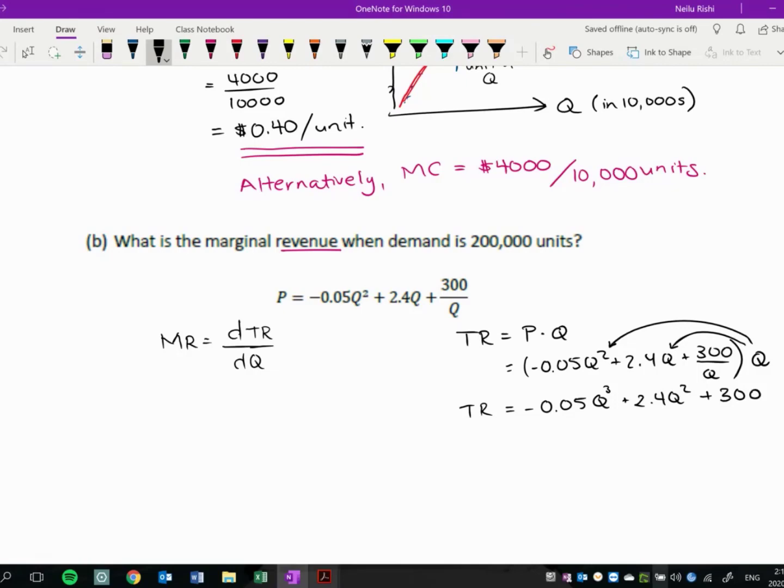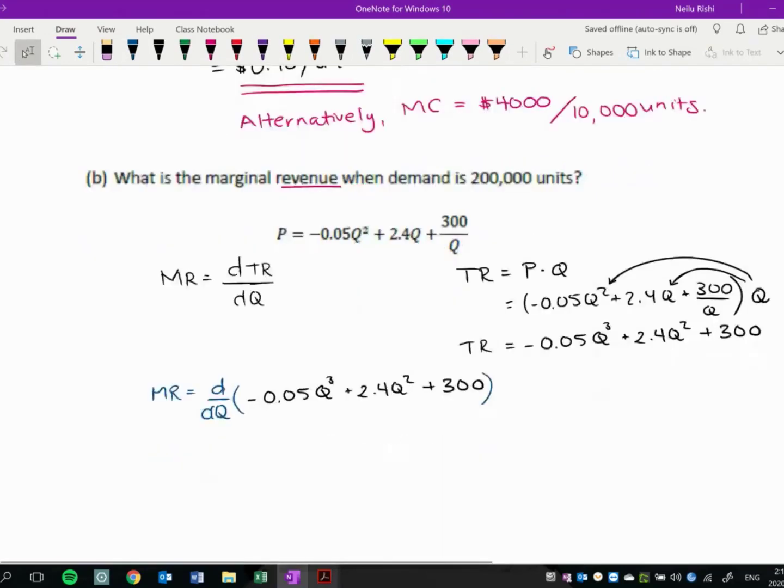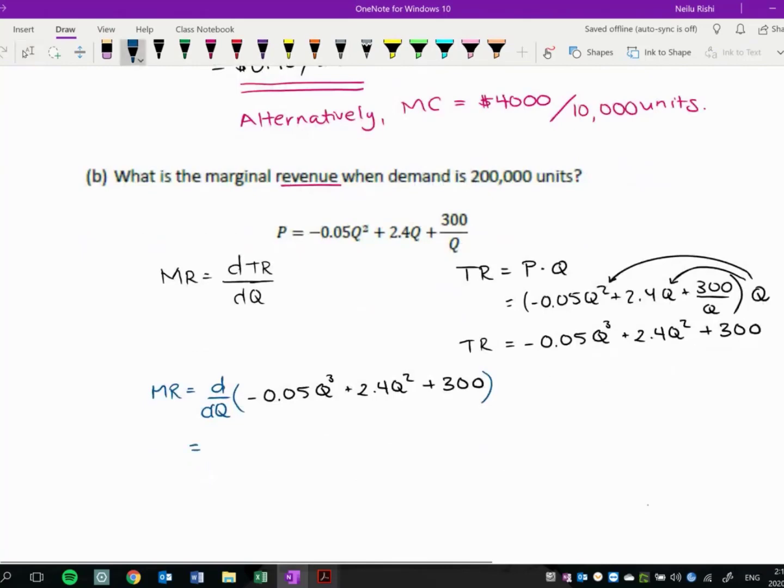Now I need to do the derivative of this function to calculate the marginal revenue. So the derivative of this becomes negative 0.05 times 3Q squared plus 2.4 times 2Q plus the derivative of 300, which is 0.